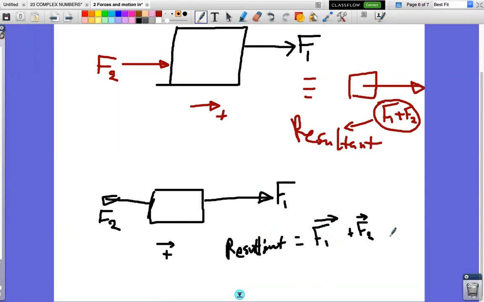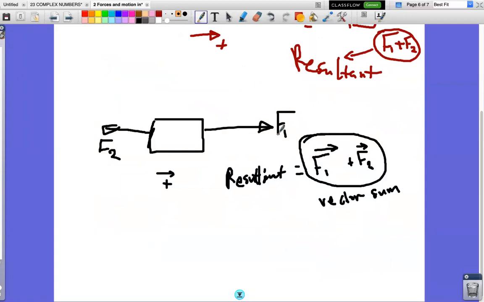Resultant force is the vector sum of all the forces acting on the body, okay? The resultant force on any object is the vector sum. Remember, it's vector sum. You sum as a vector. I didn't just say F1 plus F2. I said F1 as a vector plus F2 as a vector. Okay?